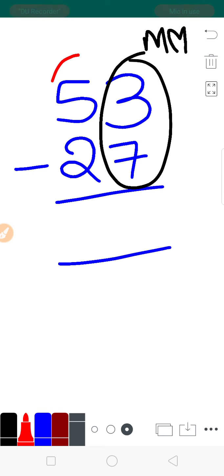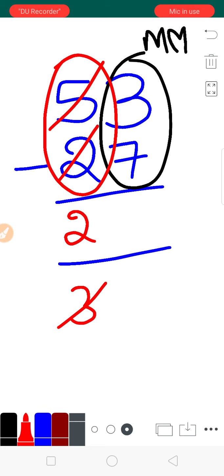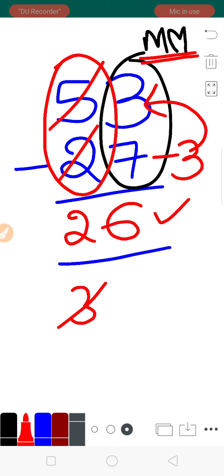So here while subtracting, 5 minus 2 is equal to 3, but I will not write 3, I will write 2, because this is a mismatch combination. What is the complement of 7? 3. 3 plus 3 is equal to 6. 26 is the answer. This is how you will do subtractions using Vedic Maths.